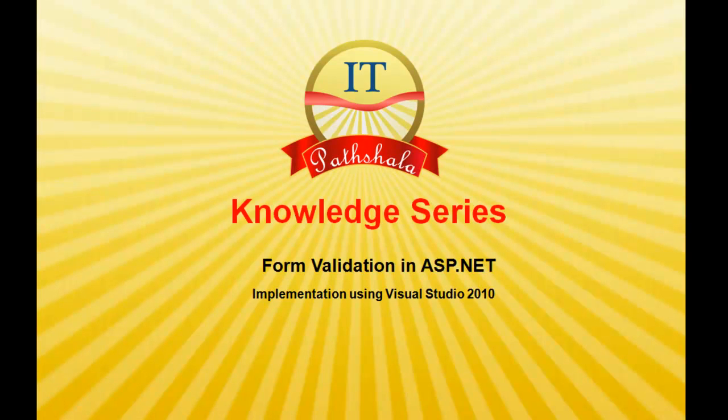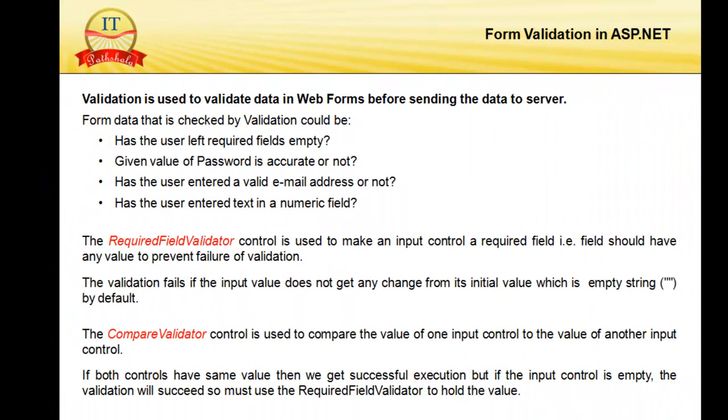So in our practical implementation, we saw that validation is used to validate data at the client side before sending it to the server. As we saw, the required field validator denotes that the field should have a value to be validated, otherwise it shows the corresponding error message. CompareValidator is used for matching the value of an input control to the value of another control it is bound to.